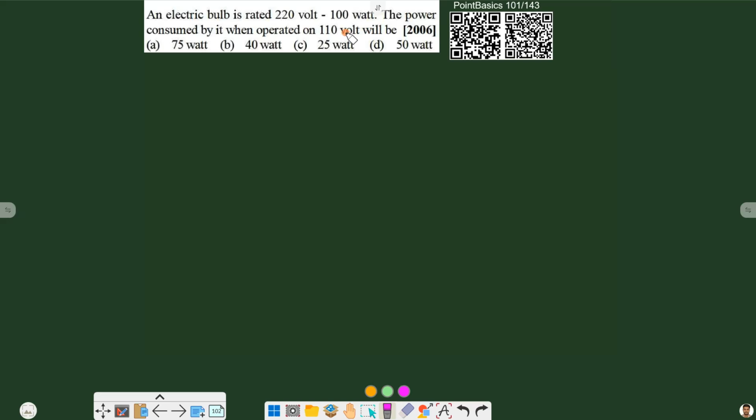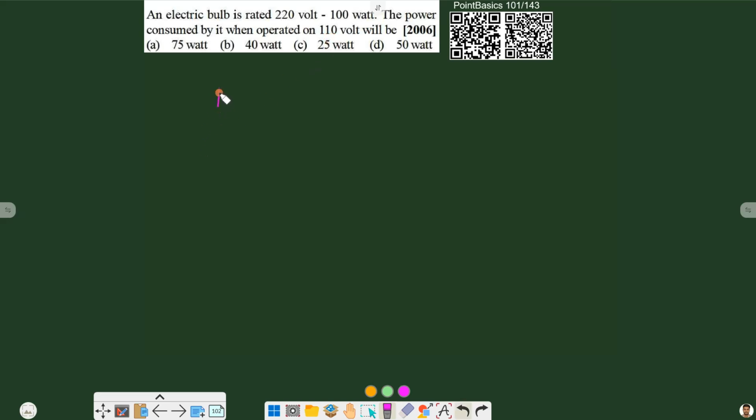If that potential is not given, we by default take the potential mentioned in the question. In this question, it is specifically mentioned that 100 watt power is at 220 volts. So first of all, we will find the resistance, and then using that resistance, we will calculate the power at 110 volts.